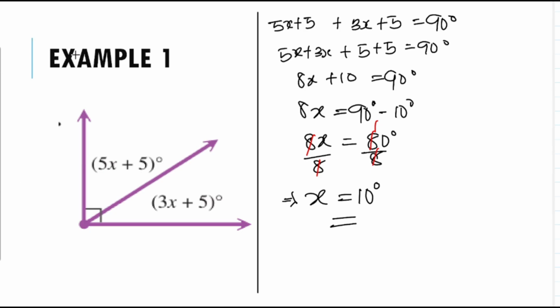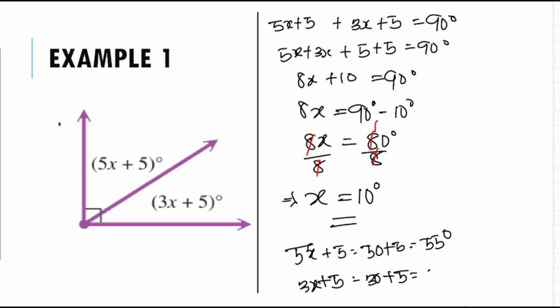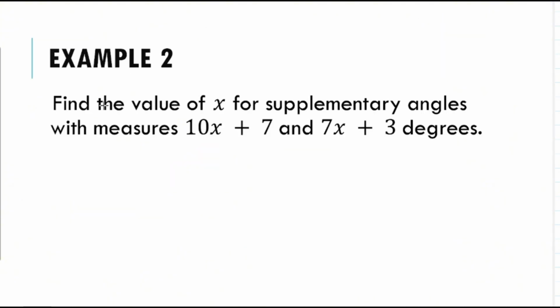The first one, 5x plus 5, will be equal to 50 plus 5, which is 55 degrees, and 3x plus 5 will be equal to 30 plus 5, which is 35 degrees. If you add both of them up, it will be equal to 90 degrees. So they are complementary.